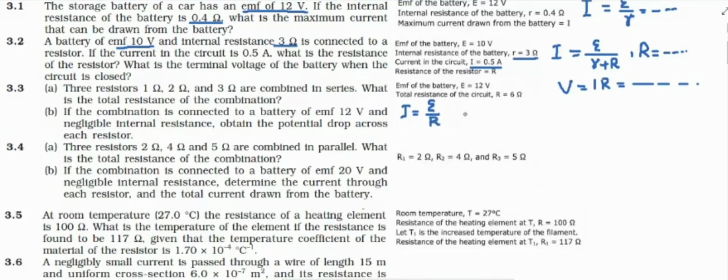So you will get the value of I. Then V1 you can calculate as I into R1. The same way V2 is equal to IR2 and V3 is equal to IR3.